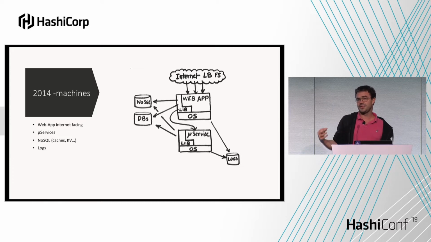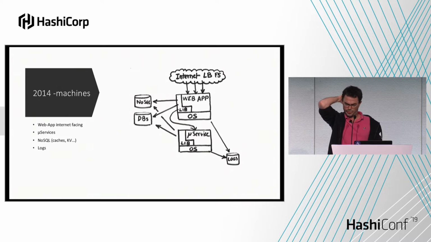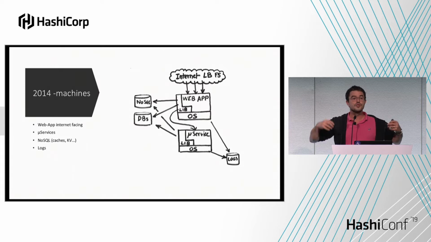This web app was using caches, Memcache, Couchbase, stuff like that, and databases, essentially Microsoft SQL servers, but we've got some others as well, and also performing a few calls to microservices. Huge microservices, but still. And of course, those apps were also sending logs to Kafka. It was not Kafka at that time, but doesn't matter.